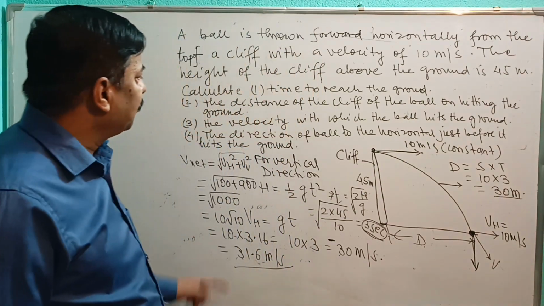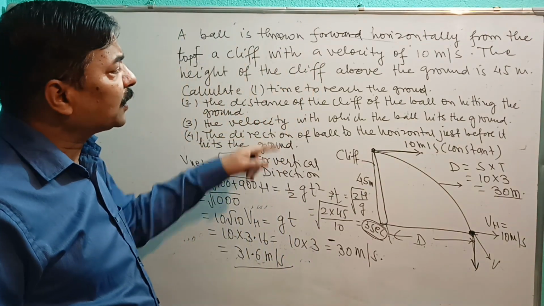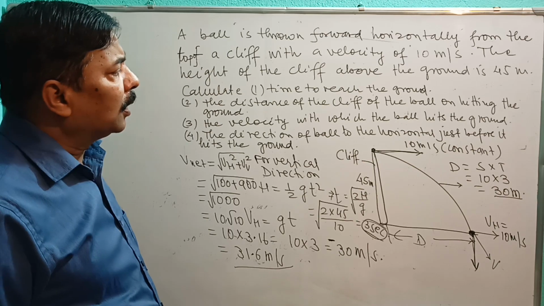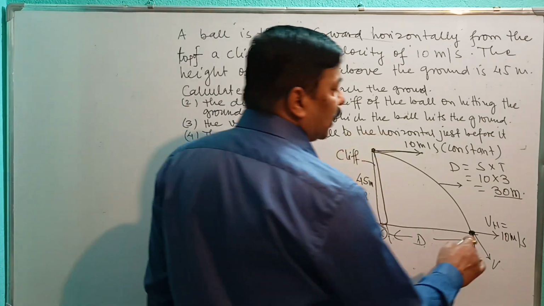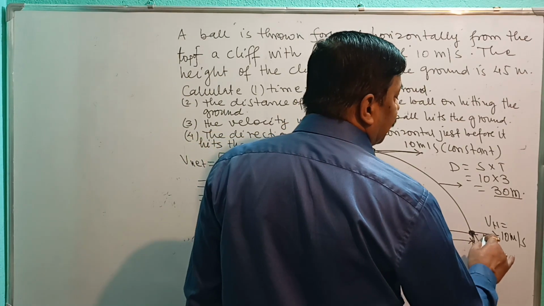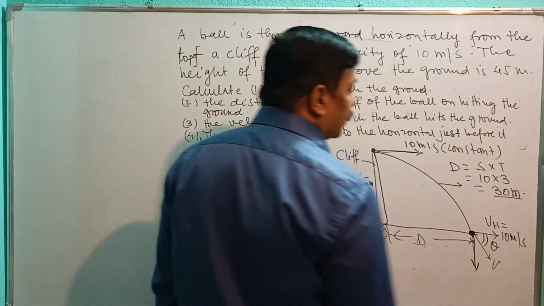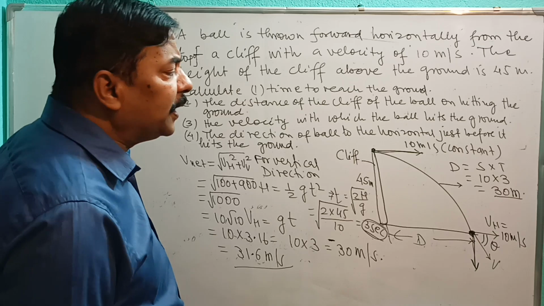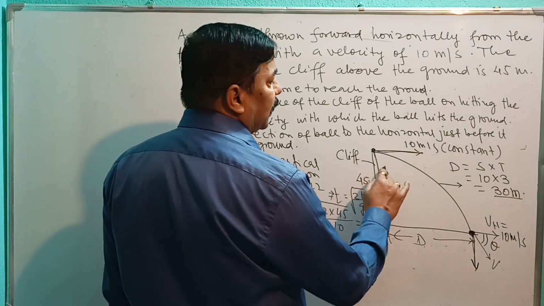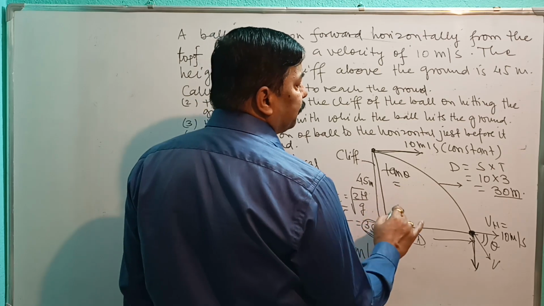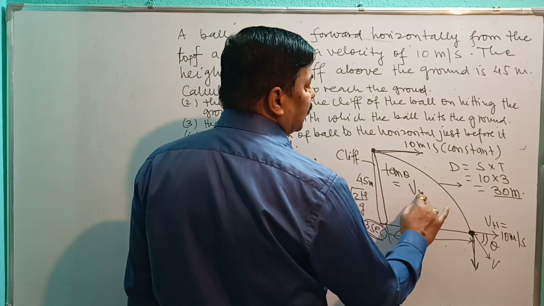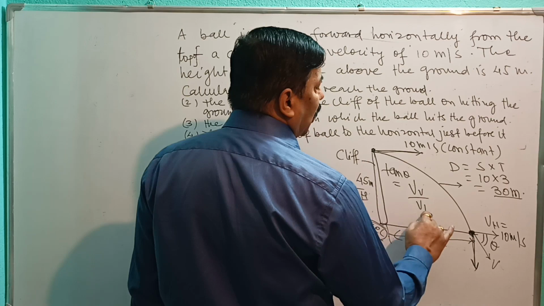Now they are asking one more question, that direction of the ball to the horizontal just before hitting. That means they are talking about this direction. What is this direction? Theta is equals to how much? And for finding theta, we can take tan theta. Tan theta is equals to v vertical by v horizontal.